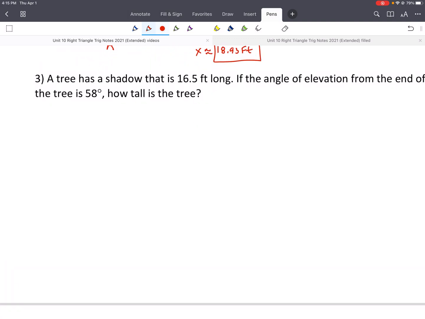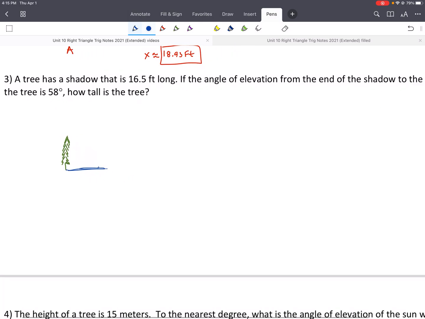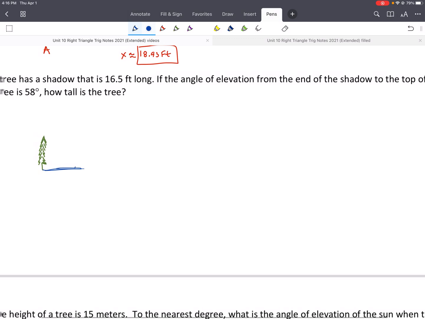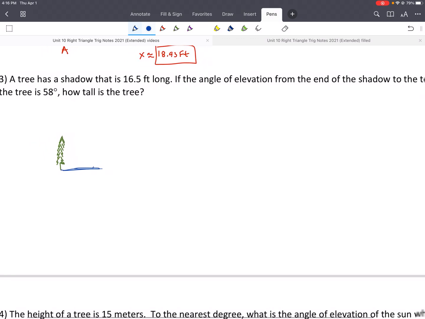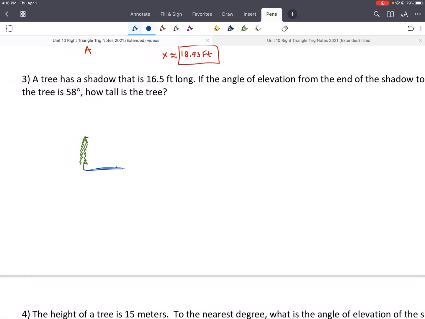All right, so here is my tree. Good tree, huh? Okay, and it has a shadow, and it says that the angle of elevation from the end of the shadow to the tree, so it's basically saying that this is our angle of elevation, is 58 degrees.